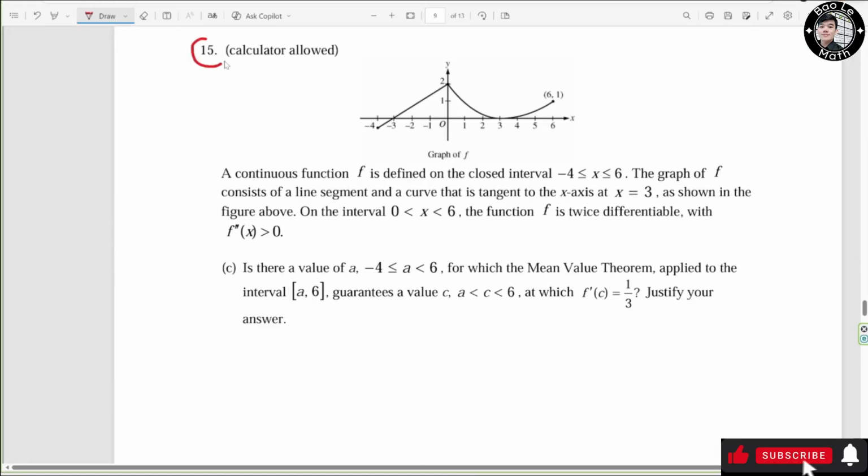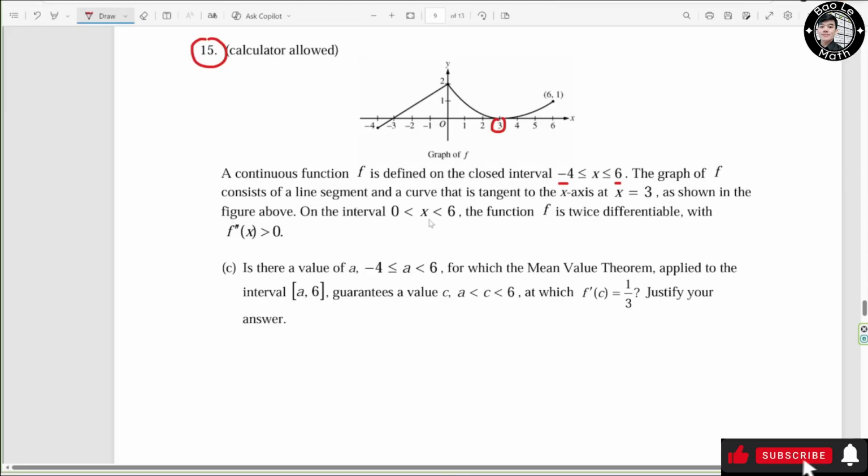Now let's move on to question 15. A continuous function f is defined on the closed interval negative 4 to 6. The graph of f consists of a line segment and a curve that is tangent to the x-axis at x equals 3, as shown in the figure above.